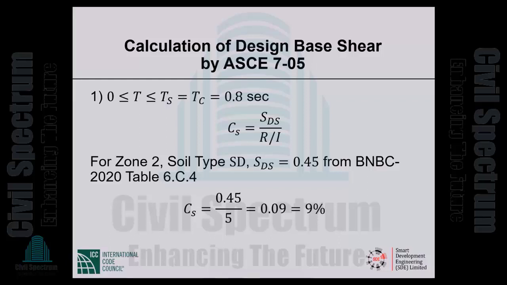Remember the flat top goes from 0 period to T sub S, the transition period. So I'm talking about the flat top here of AC 705. Flat top defined by S sub DS divided by R over I. S sub DS for zone 2 soil type SD, if you go to BNBC Appendix C, is 0.45. You divide that by 5, you get 9%.